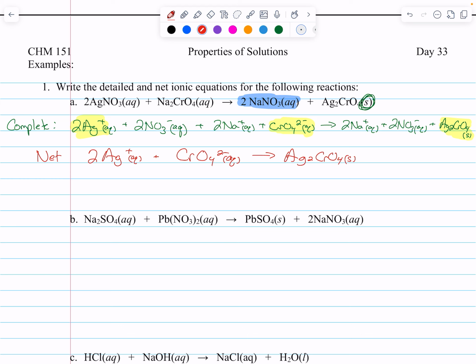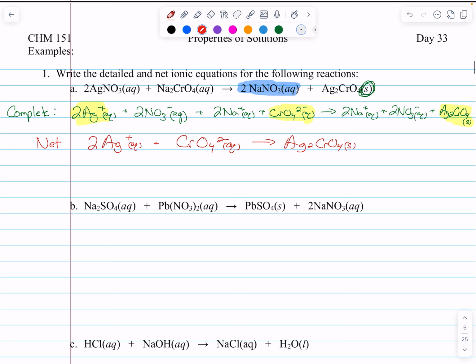All right, B. Let's see what we got for B. Our complete: sodium sulfate, ionic and aqueous, 2Na plus plus SO4 2 minus. Lead 2 nitrate. And again, if we're having issues with separating these, I would review the naming and formulas so that we get this.